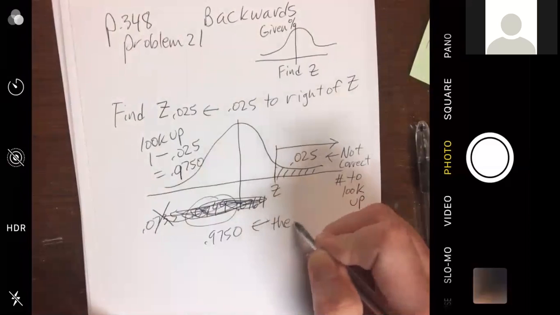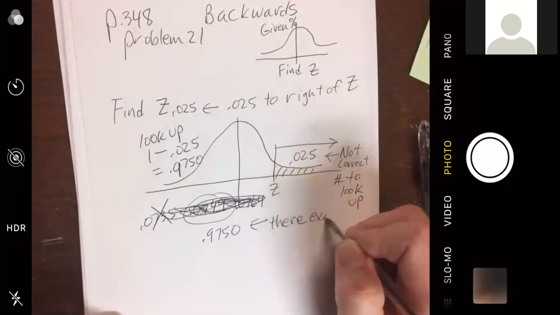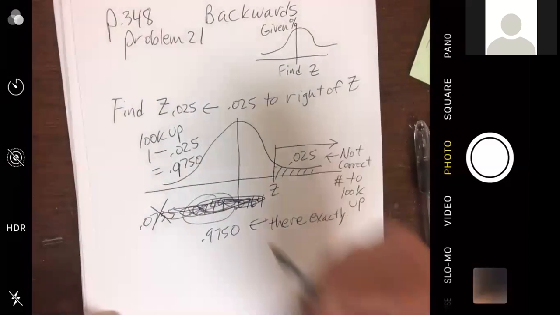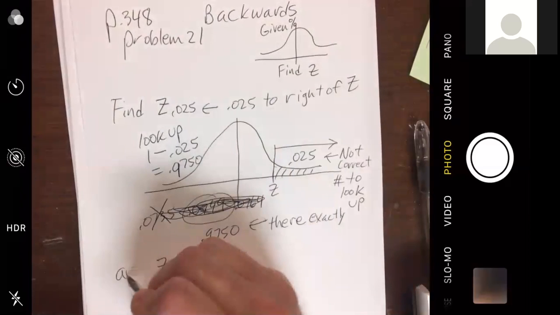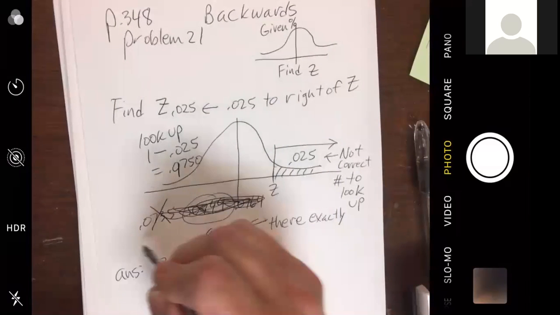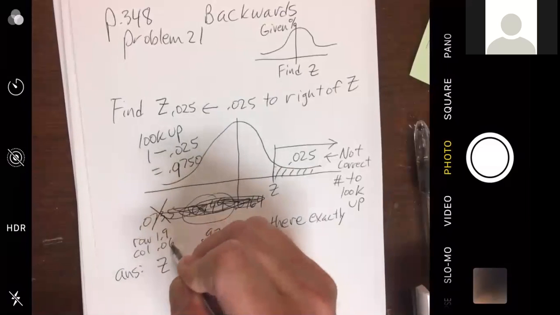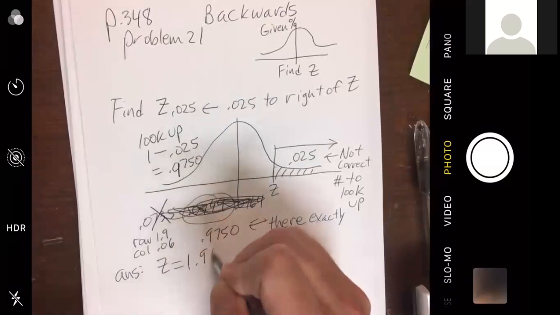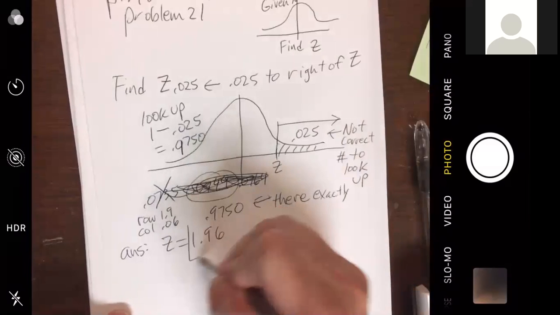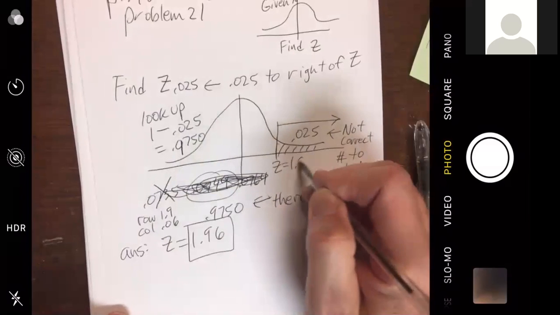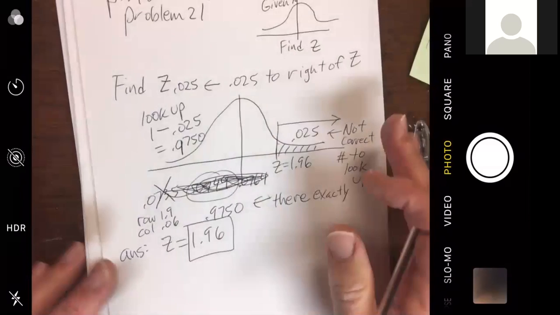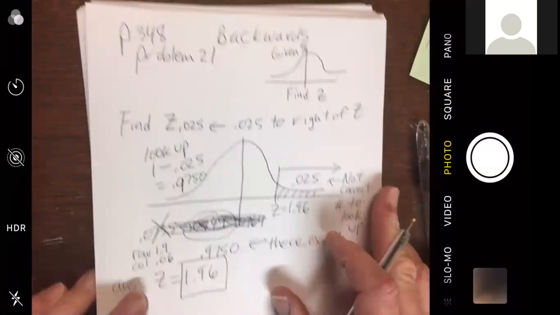There exactly, a very rare case. So my answer: row 1.9, column 0.06, Z equals 1.96. Okay, rough start today.